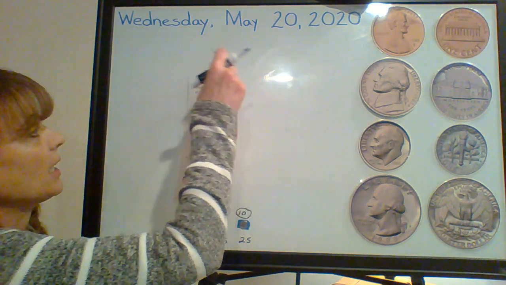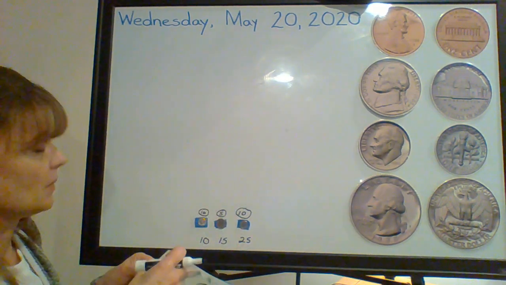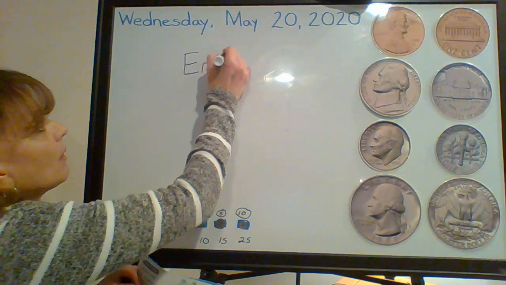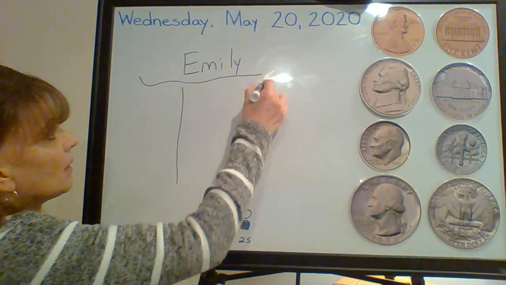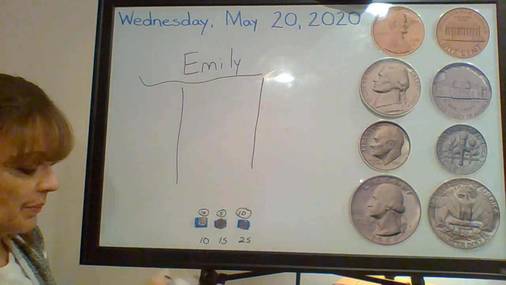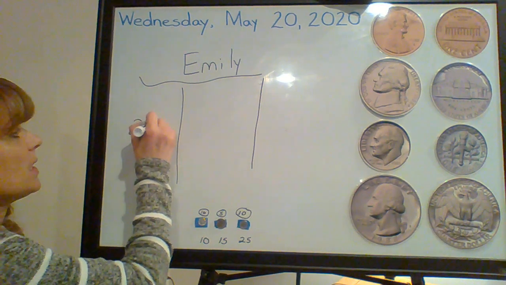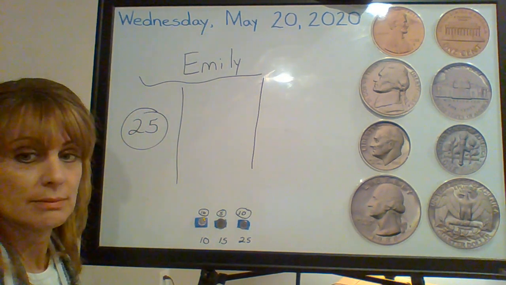So let's look at Emily. Well, if you took the easy way out, you said 25. She could have 1 coin. She could have a quarter.